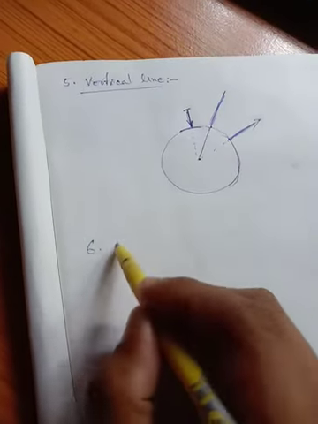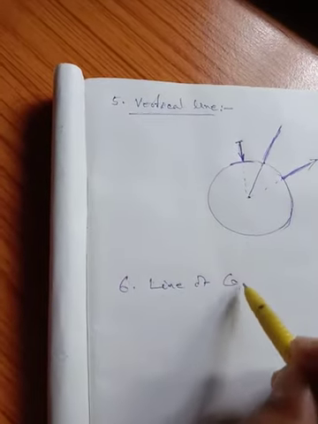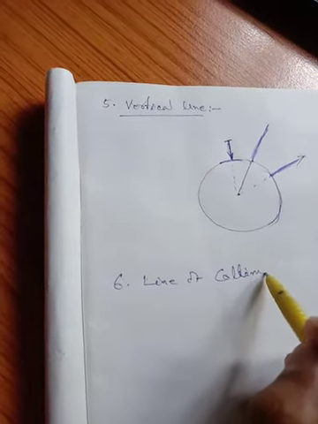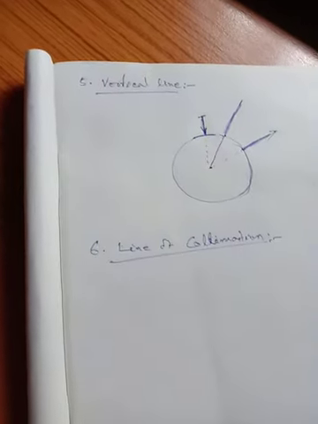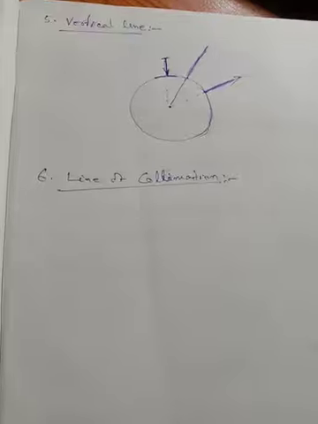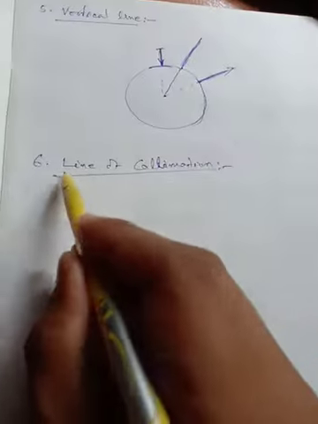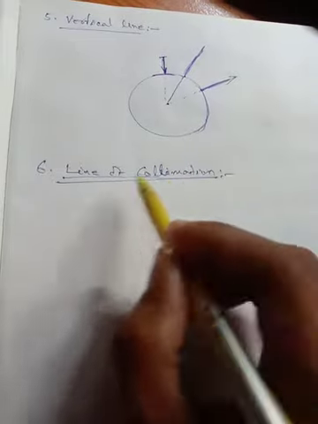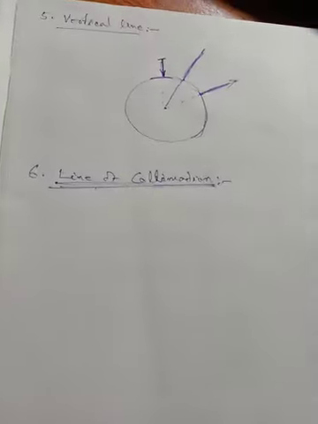Now, what is line of collimation? Very important term. There is an instrument called dumpy level by which the elevation or height of a point is measured in your leveling work.